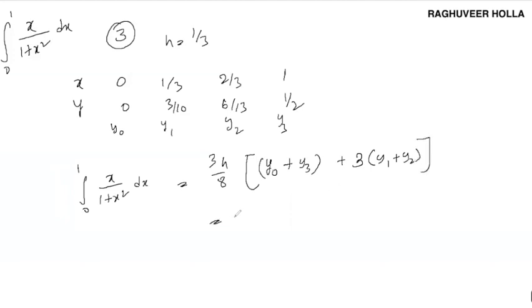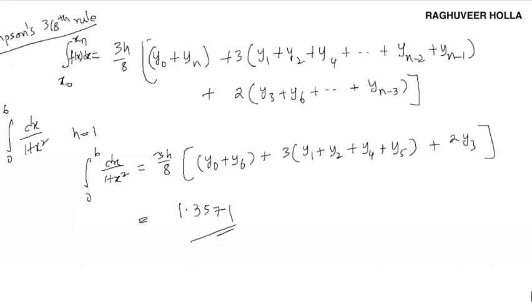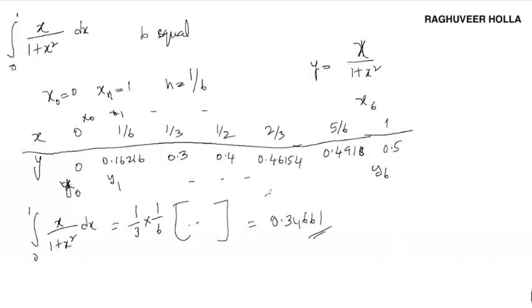When we compute this, we get this. Have you noticed that this is 0.34807? And the one which we got earlier is 0.34661.